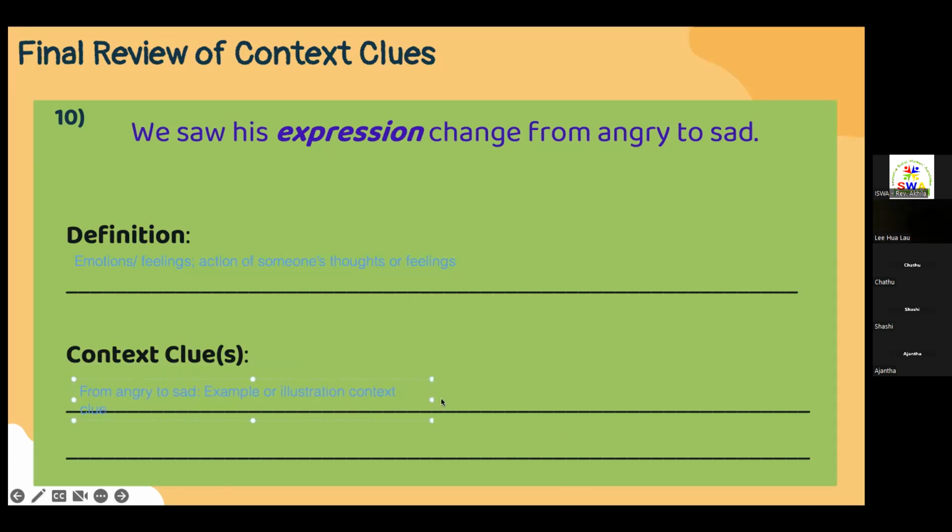Okay, but there's also another type of context clue being used here. Does anybody know what it is? Does anyone want to try to guess? It's another one.